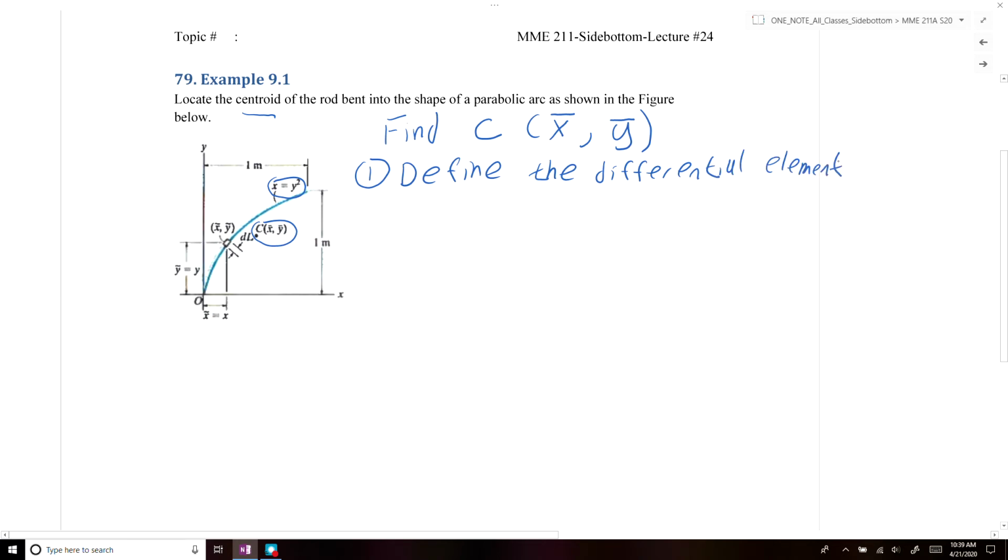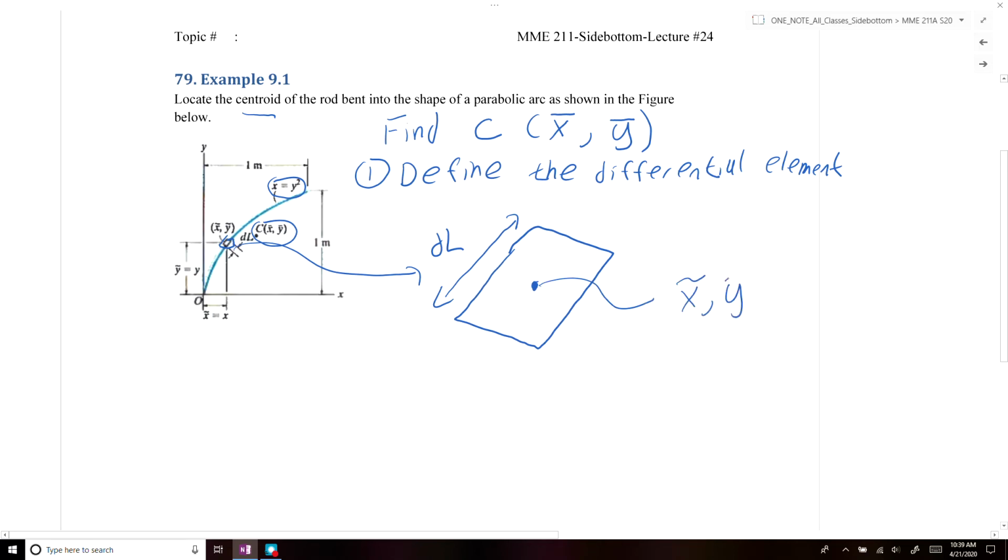On the diagram, it's already been drawn a little bit, but I'm going to blow it up here. We have our differential element dl, and then the centroid of our differential element, just the element itself, has our x tilde and y tilde terms.